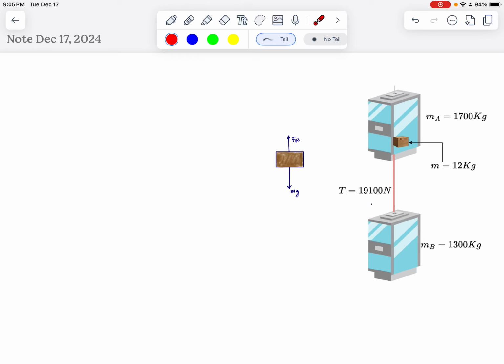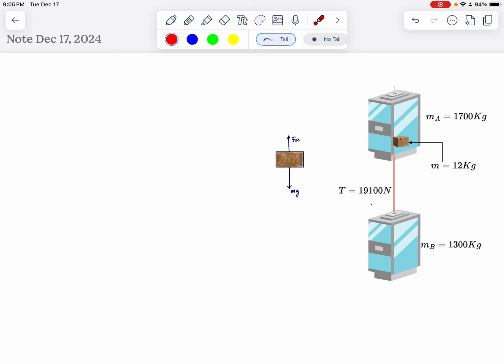So in this video, we will solve two problems. The very first problem relates to the normal force experienced by a block of wood that is sitting on the floor of an elevator car. This elevator car is being pulled up, and from the first elevator car, we have a second elevator car that's suspended.